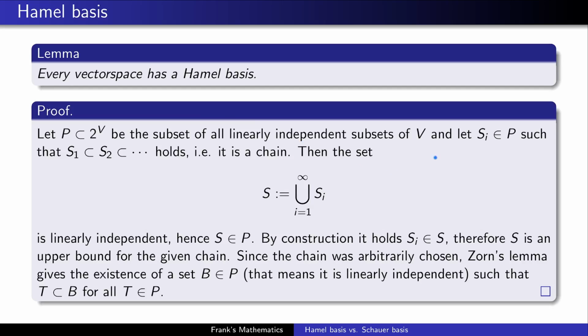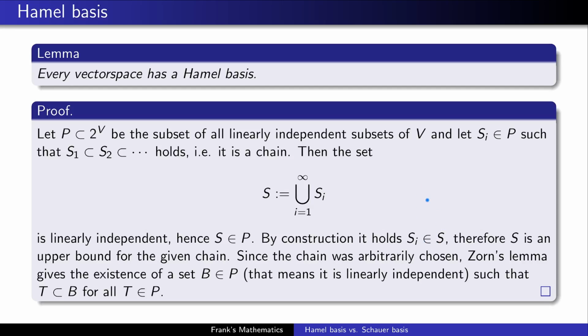And we assume that Si is a chain, meaning that S1 is contained in S2, is contained in S3, and so on. Then we know that the union of all Si, which we have already defined, is by construction a linearly independent set, meaning that the union S lies in our set P. And by construction, every Si is contained in S. So it should be not an element, but a subset.